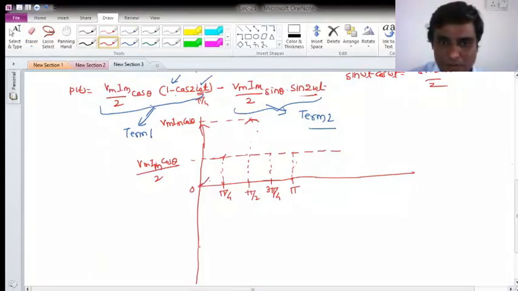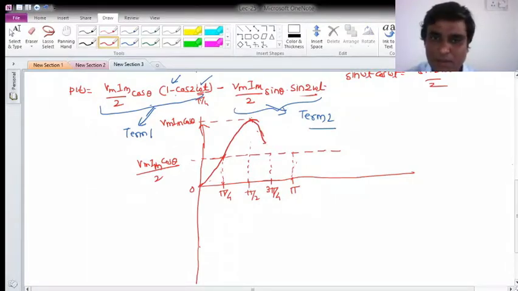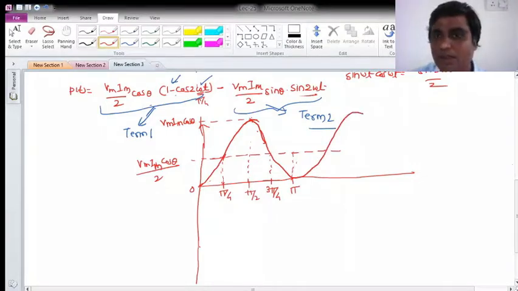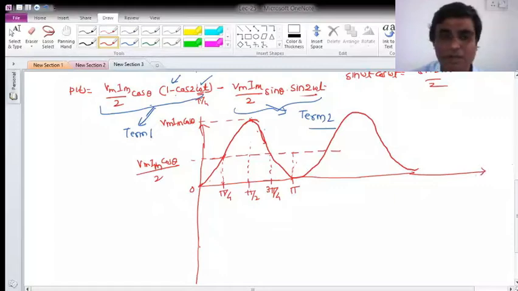I'll draw it this way, and then it will be 0 and then like this. This will be the first term of the power, that is power p1 of t, I'll call.